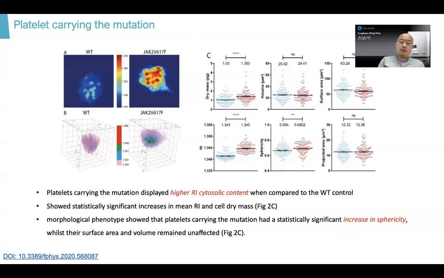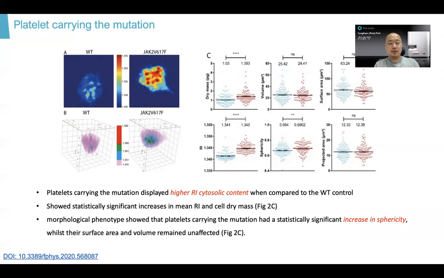The researchers at the University of York have used the Tomocube HD machine for a comparative study between the wild type and the mutation effects on the platelet.